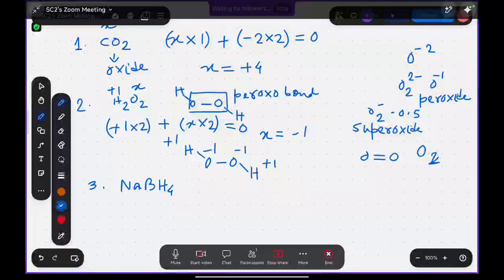In sodium borohydride, both sodium and boron are less electronegative than hydrogen. Hydrogen is more electronegative than both the other elements, sodium and boron.